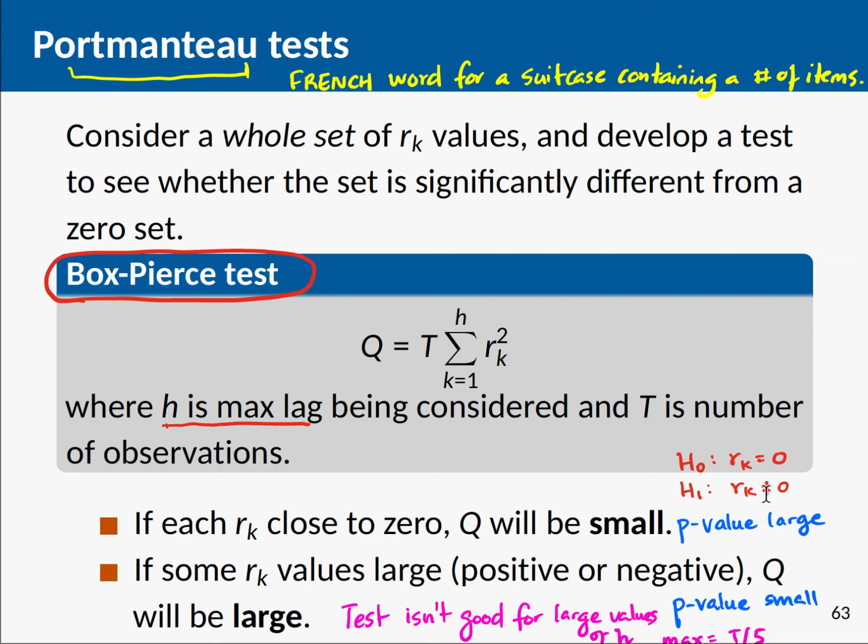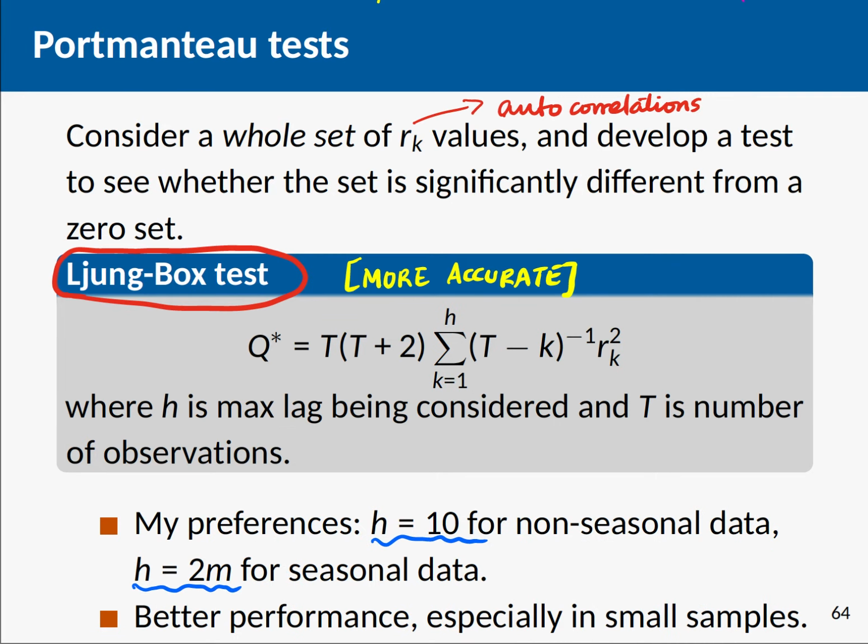The test isn't really good for large values of lags. The book says the maximum lag that you can put in is T divided by 5. The second type of Portmanteau test is called the Ljung-Box test, which is a more accurate measure of whether autocorrelations are significantly different from a zero set.